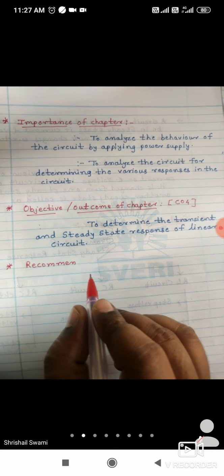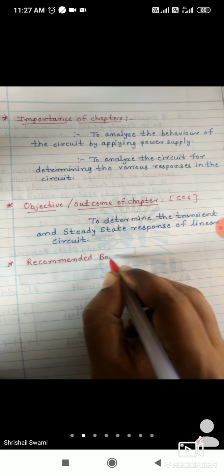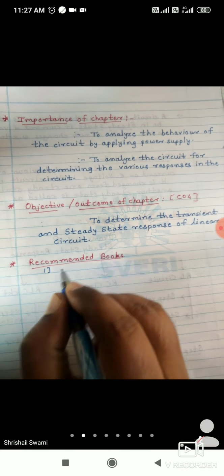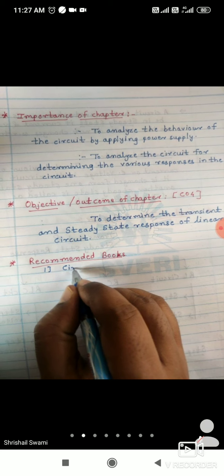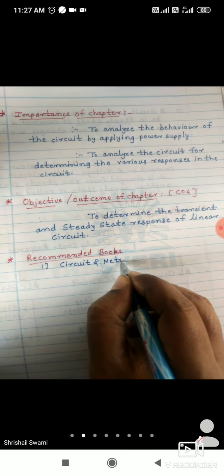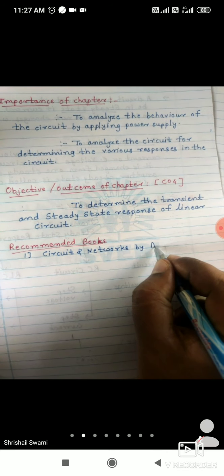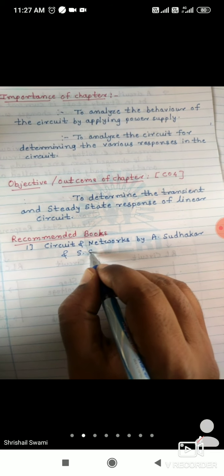So which book can you refer to? I will give the names of books. The recommended books for this unit: as usual, the first one is Linear Circuits or Circuits and Networks by A. Sudhakar and Shyam Mohan. This book is common for each and every unit. A. Sudhakar and S. Shyam Mohan Palli.